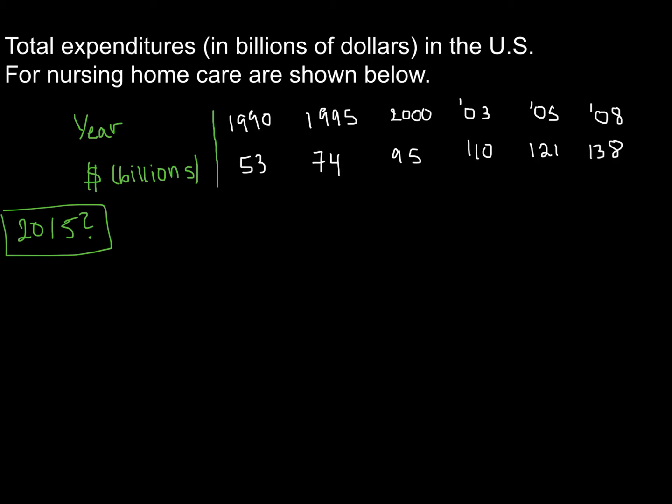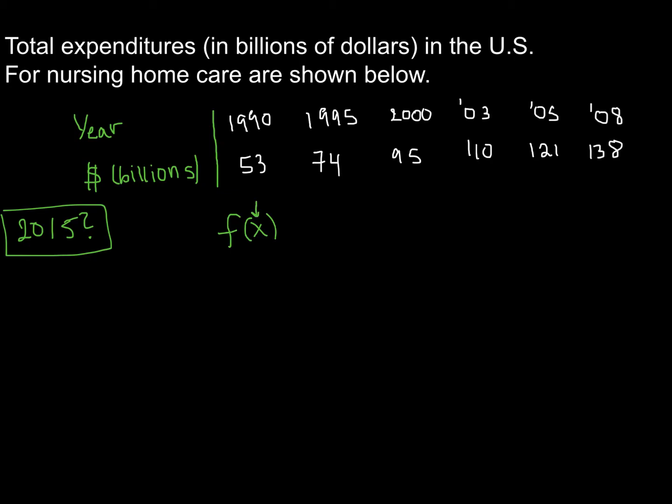Important to know what you are using for your year here. We might say this is the initial value, so we might say this is year 0, and every year after is the number of years after 1990. So for example, in my function, my input variable, x here, this might be the years after 1990.